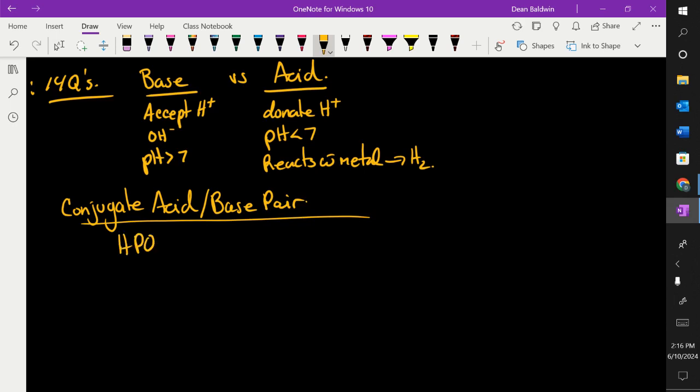So if we have HPO4 minus, so if we have that reaction, HPO4 2 minus plus water gives us H3O plus and PO4 3 minus. What is acting as the acid in the reactants?